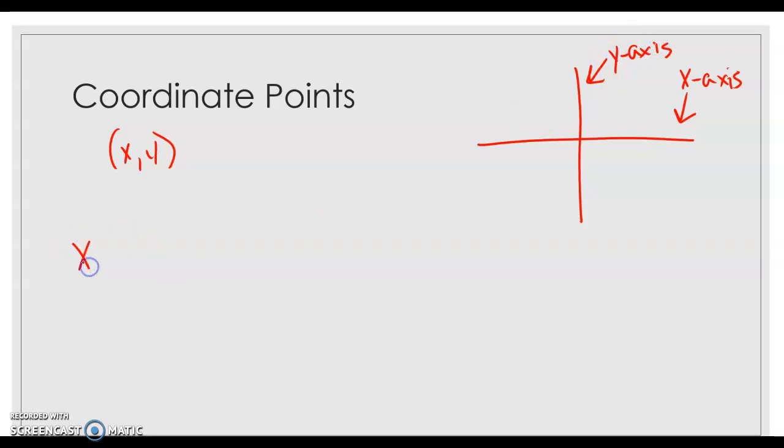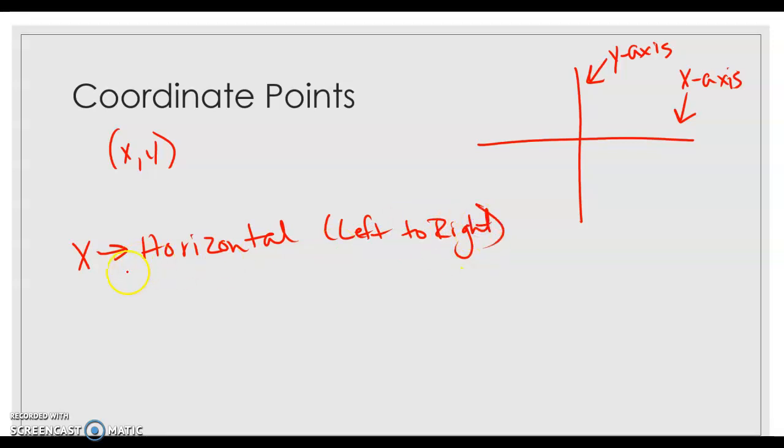We know that our x is our horizontal movement, which is our left to right. And that y is our vertical movement, which is our up or down.